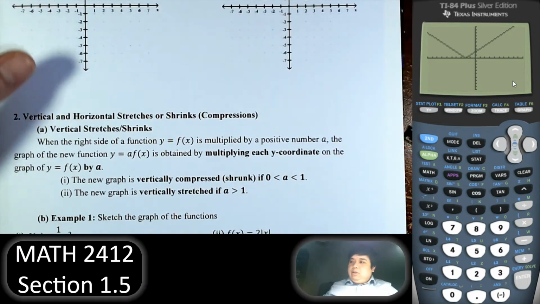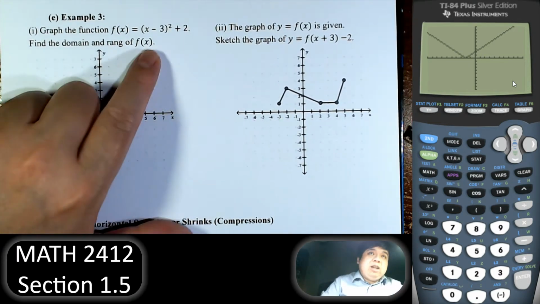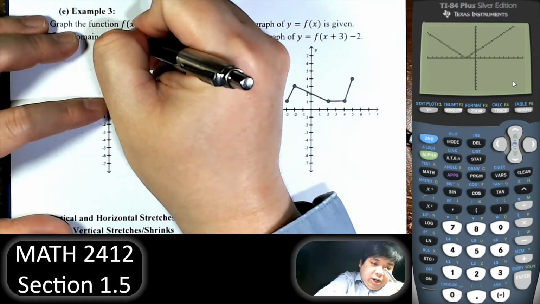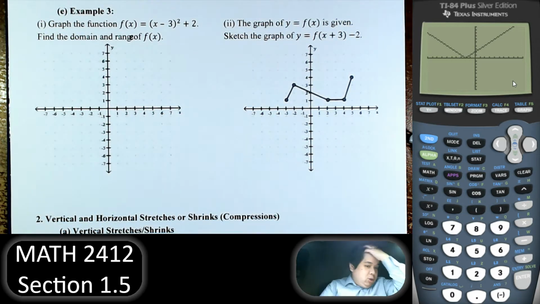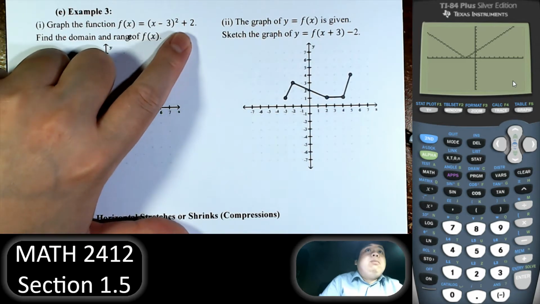Next, let's do a few examples. Now, let's graph this function and then find the domain and the range. Alright, so f of x equal to x minus 3 squared plus 2.